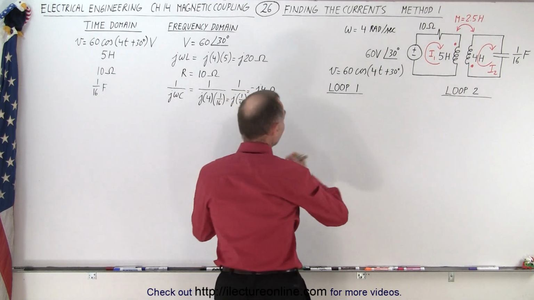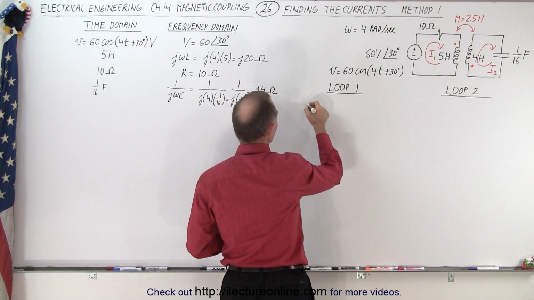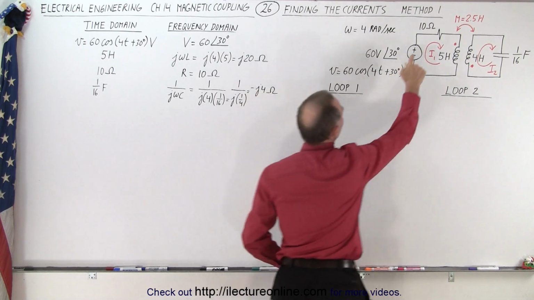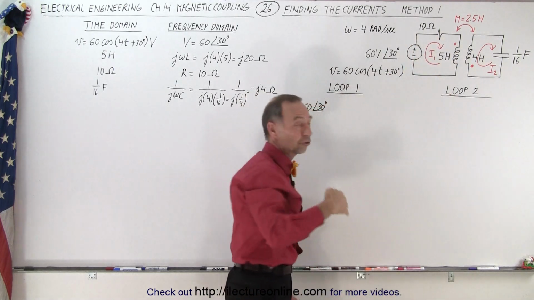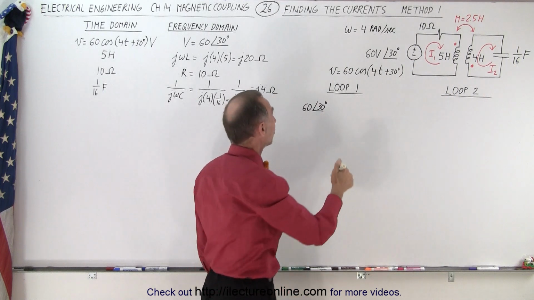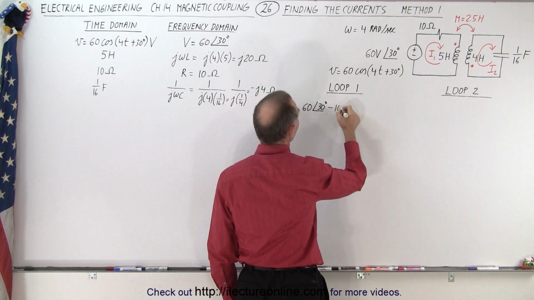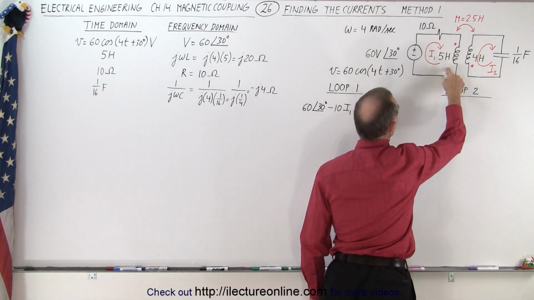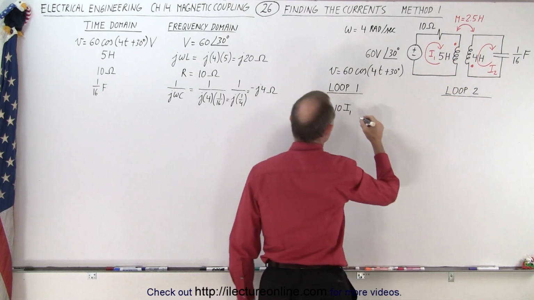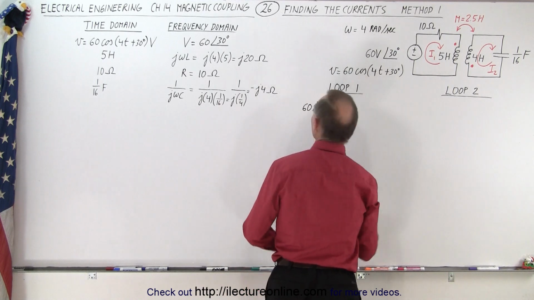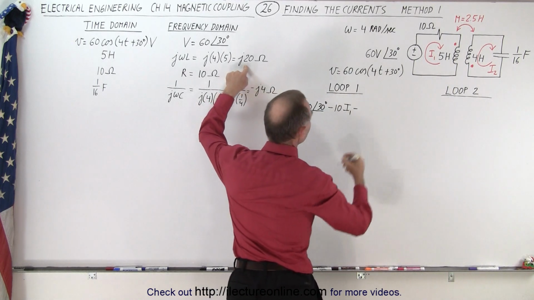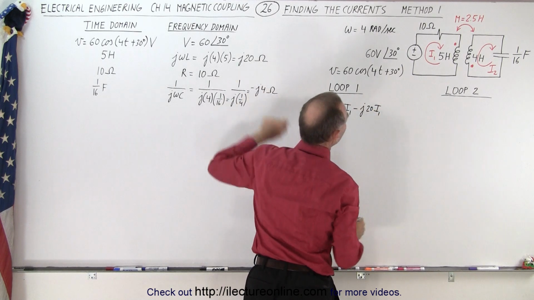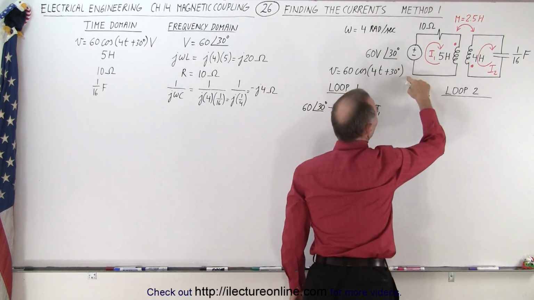We have a voltage rise across the power supply, 60 with a phase angle of 30 degrees. Then across the resistor is a voltage drop, the current times the resistance, so minus 10 times I1. Then across the inductor is again a voltage drop, minus the reactance j20 times the current I1. And then we're back to where we started.